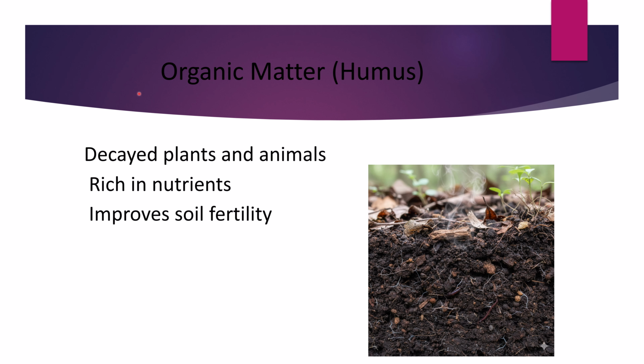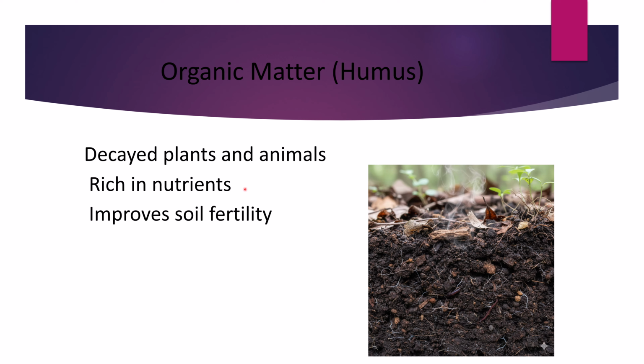Now we've reached a very important part of the soil: organic matter, often called humus. Unlike the rock particles we just talked about, sand, silt, and clay, humus comes from life. It is made up of decayed plants and animals that have broken down over time. There are two main reasons why this is vital for our crops: rich in nutrients and improves soil fertility.